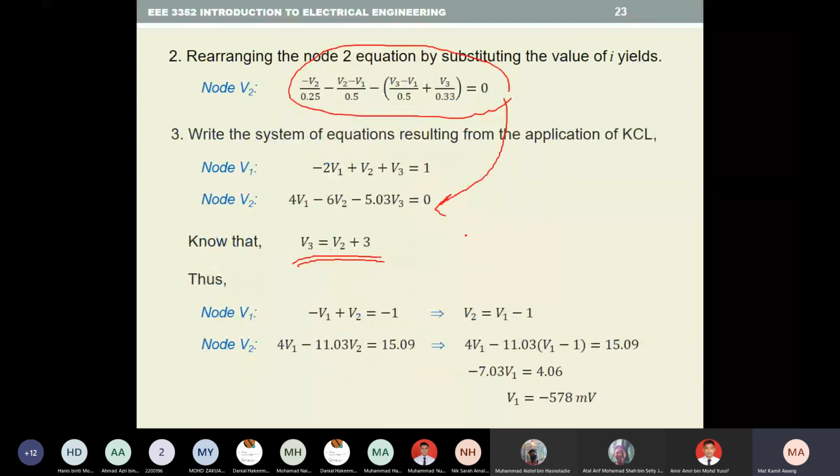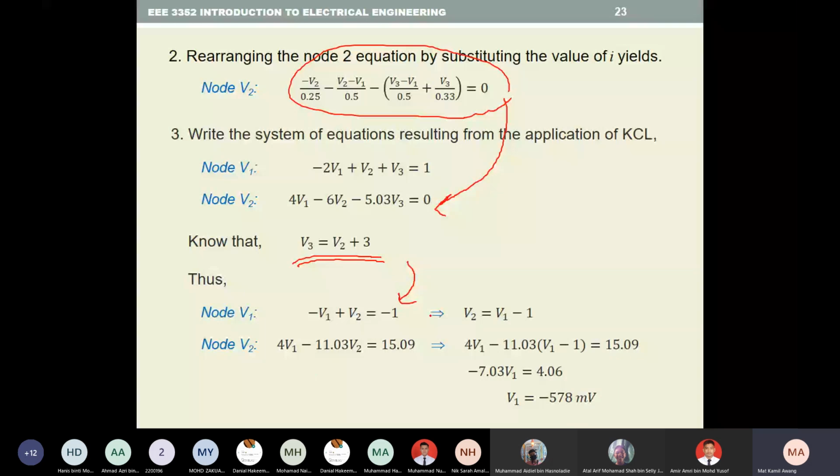Therefore, we can substitute this V3 with this equation. So node 1 becomes this when you substitute this, and node 2 becomes this when you substitute the V3 here.